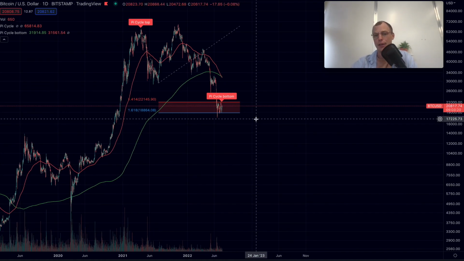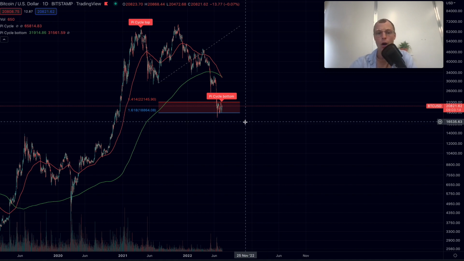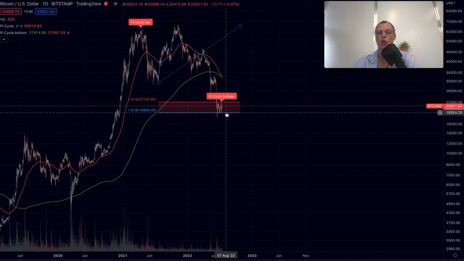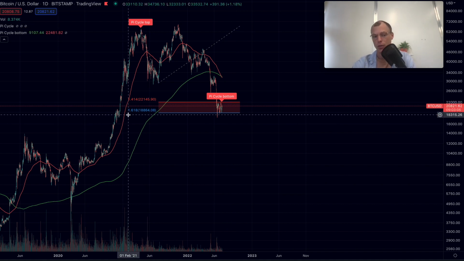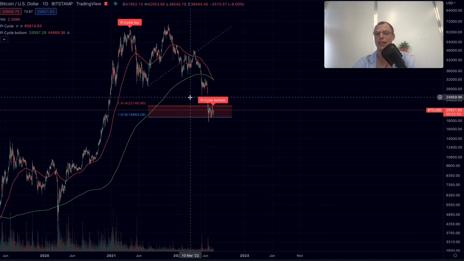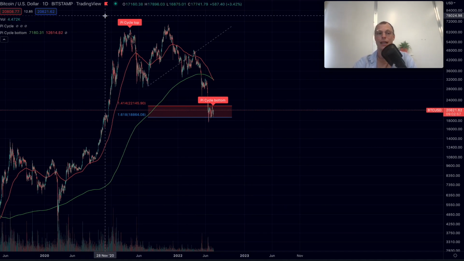So it's not a definitive bottoming signal. A lot of people are talking about it right now. That's why I want to bring it up as well. However, it is very interesting, and we might have seen the bottom of Bitcoin right now. As long as we are holding above the 1.618, 18.6k, depending on the chart, of course, I would say there is a likelihood that Bitcoin has bottomed.